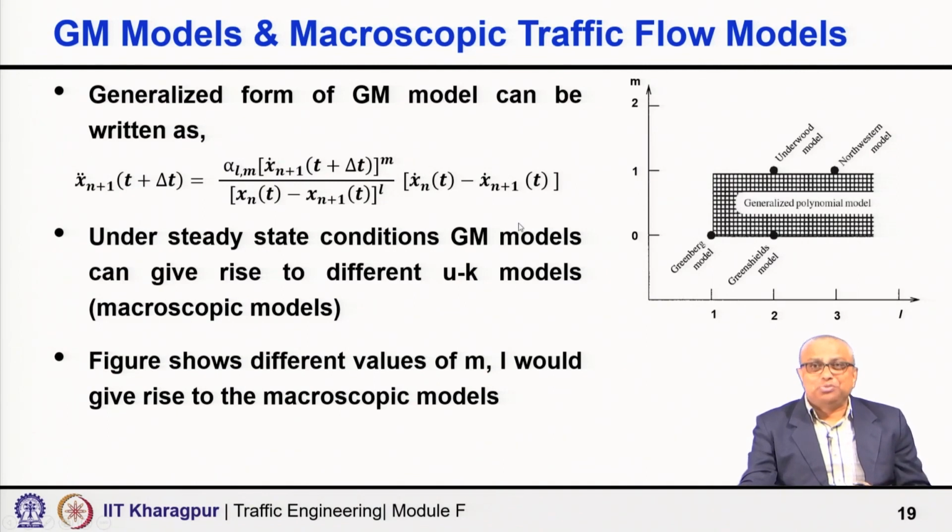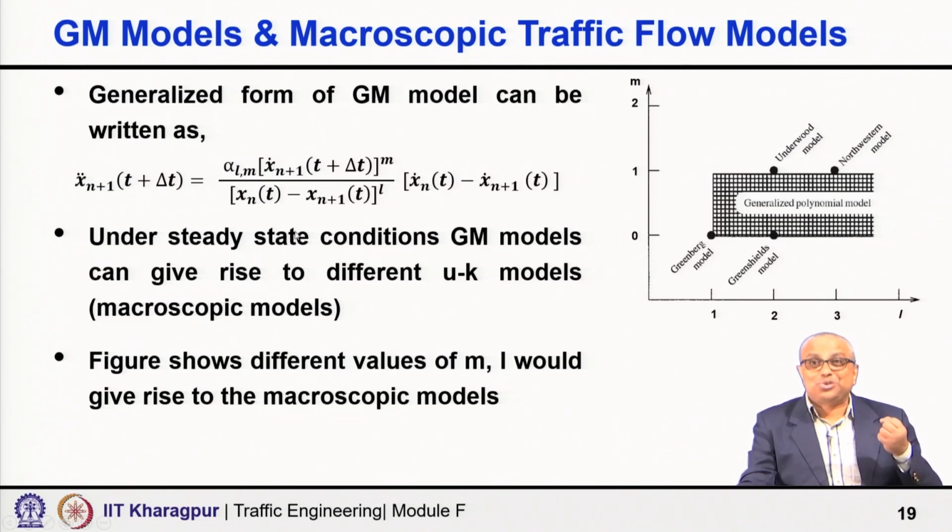As I have shown you, for some combination, the third generation model specifically gives you the Greenberg model when L equal to 1, M equal to 0. Similarly, with some other combination of L and M, with M as 0 and L as 2, you can get the Green-Schultz model. Another combination can give you the Underwood model.